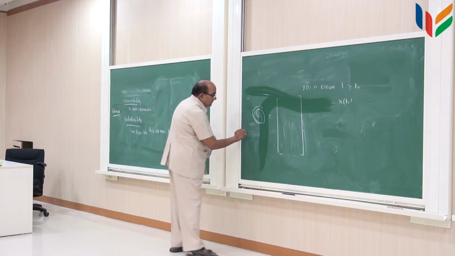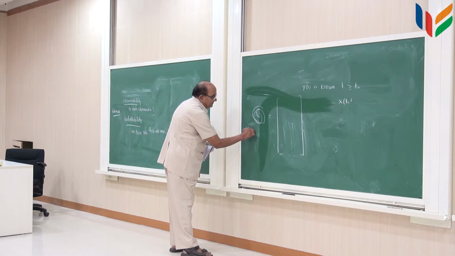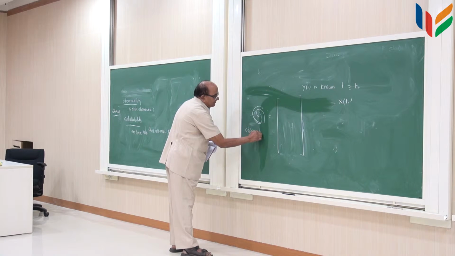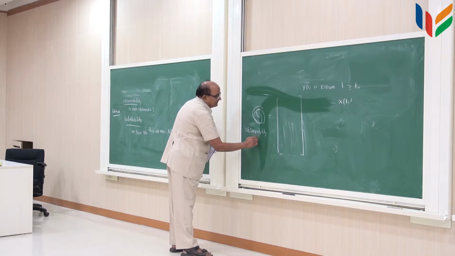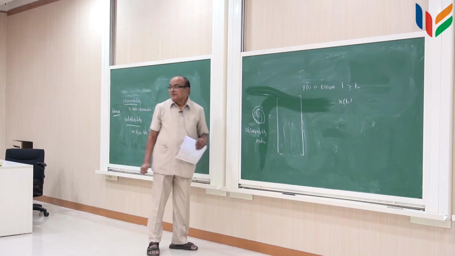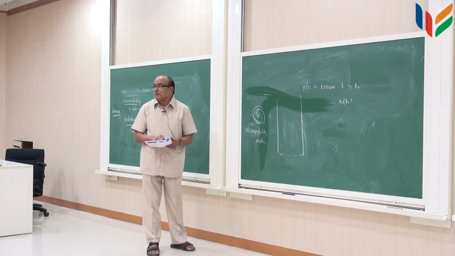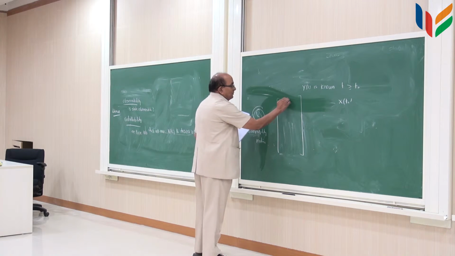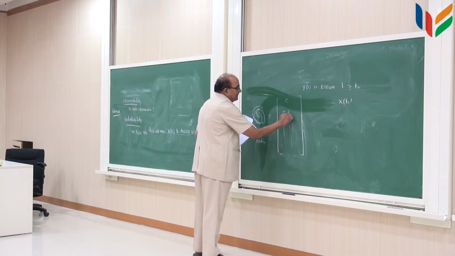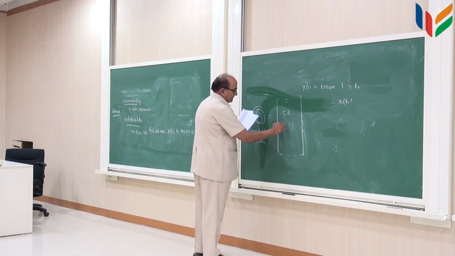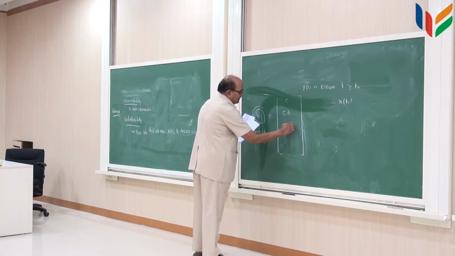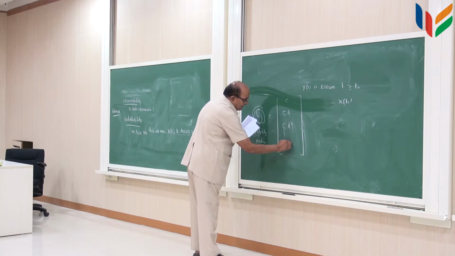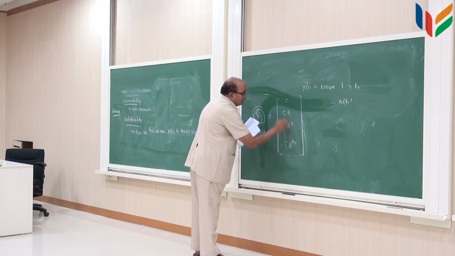We got the observability matrix, with some symbol, and this matrix comes out to be C, CA, CA square, up to CA^(n-1).